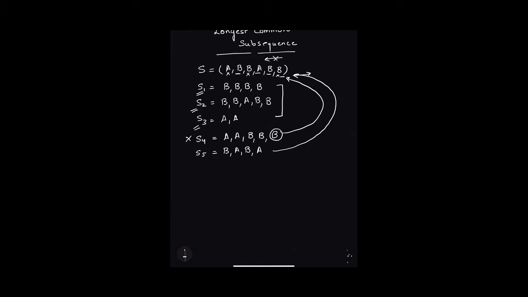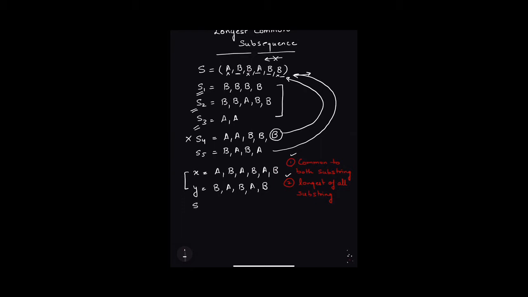For example, let's suppose I'm having the string X as A, B, A, B, A, B and Y as B, A, B, A, B. Now I have to find the longest common subsequence from X and Y such that both these conditions are met. Means the string should be common to both of these strings and it should be long.